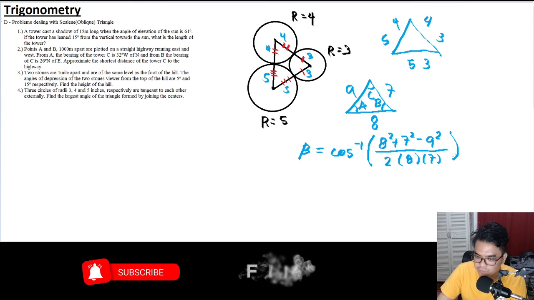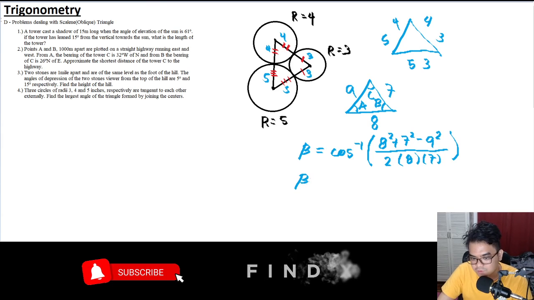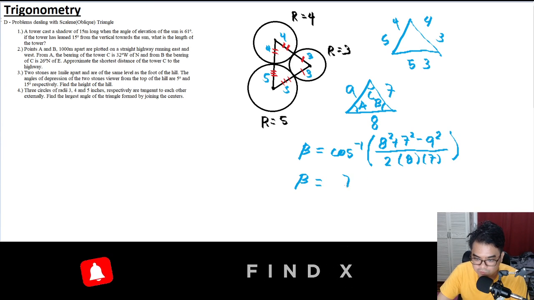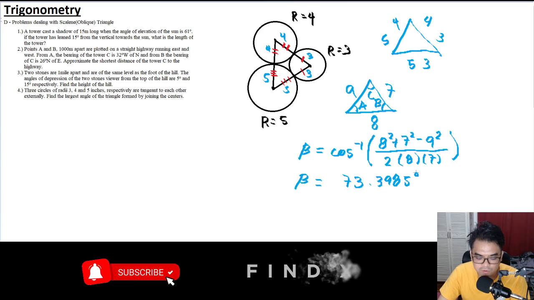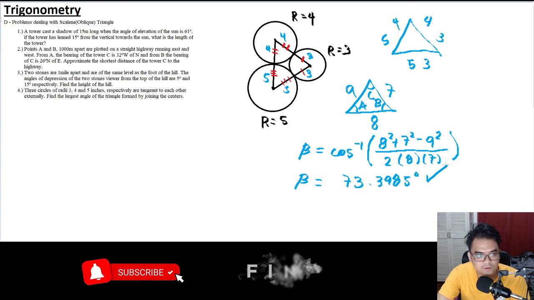There you go. Okay. So if you solve this, which just came from the cosine law, you'll have 73.3985 degrees. If you solve the other two, you'll have 48 degrees and another one which is 58 degrees. Of course, the longest one is 73 degrees. Okay? So let's go to the next topic.